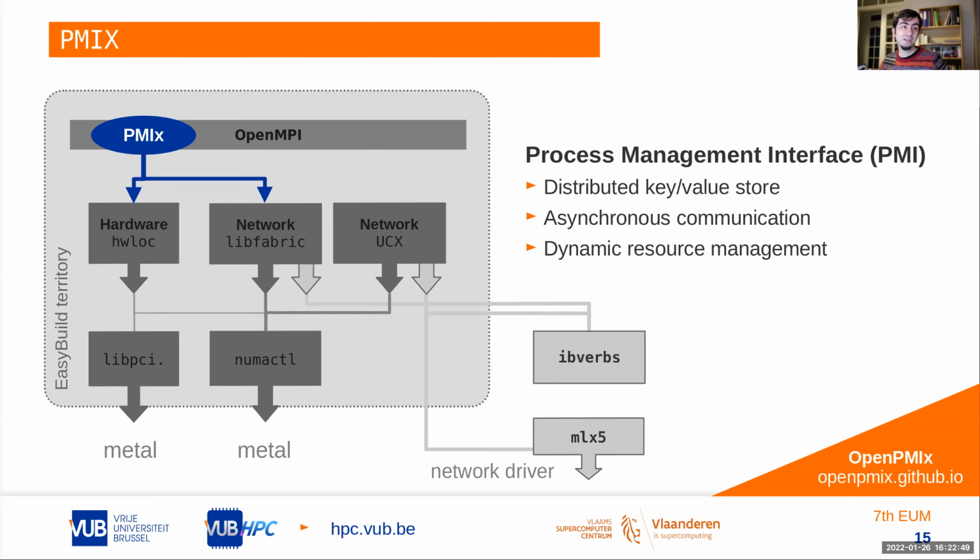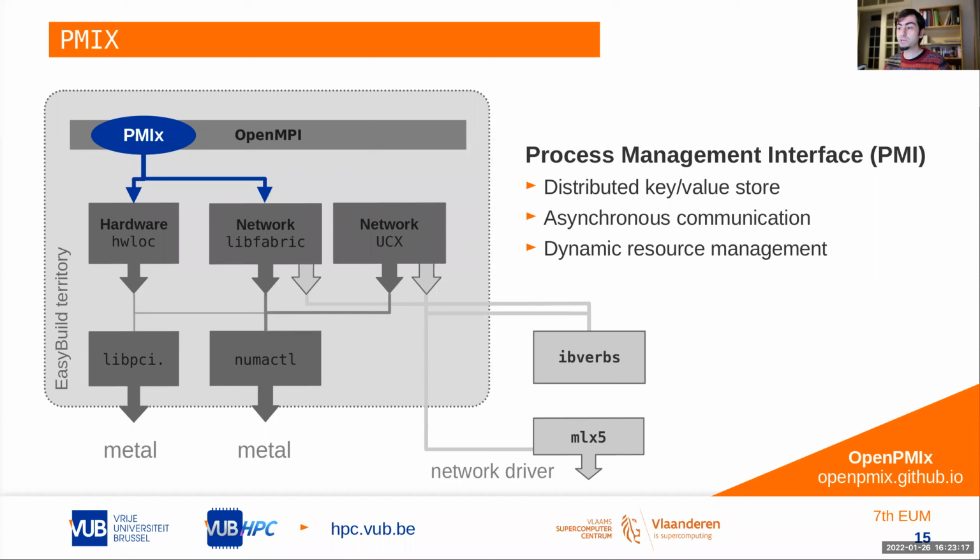And then there's one slightly additional adaptation that we have to do. That's not related to the support for InfiniBand, but to PMIx. PMIx is also used by OpenMPI internally and can also be used as an external dependency. PMIx is basically a shared distributed memory that processes can use to exchange data.